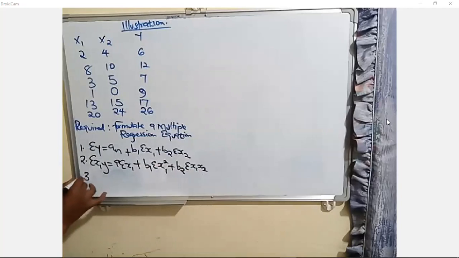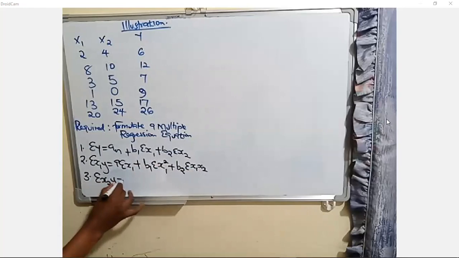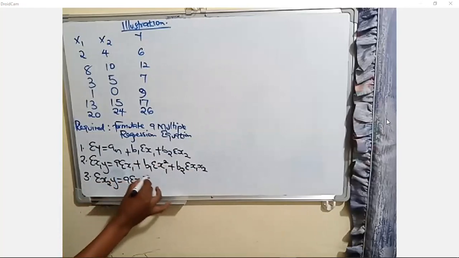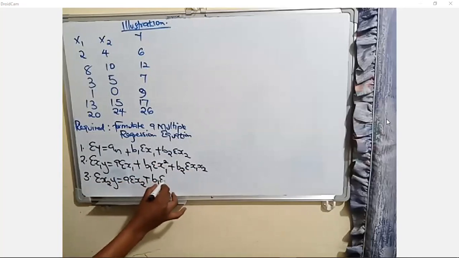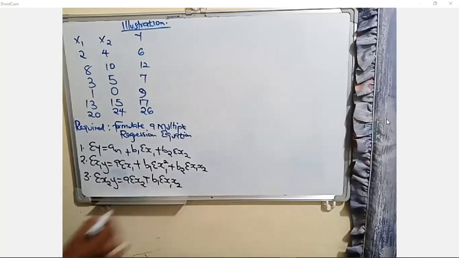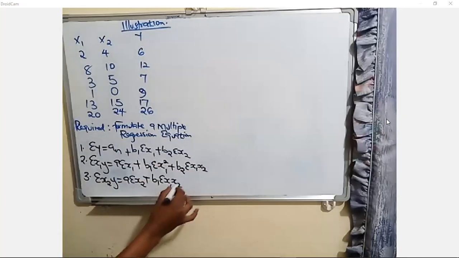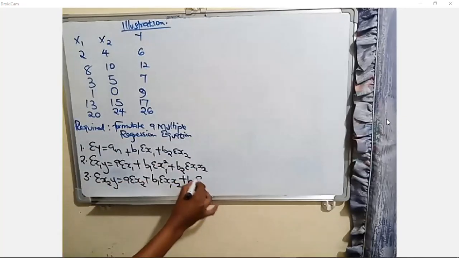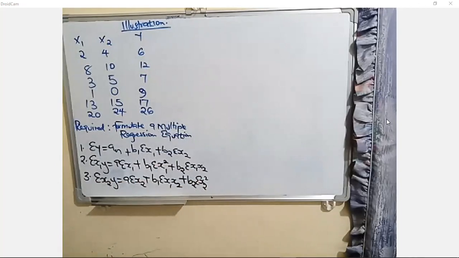Then my third equation: the summation of x2y equals a the summation of x2 plus b1 the summation of x1x2 plus b2 the summation of x2 squared.